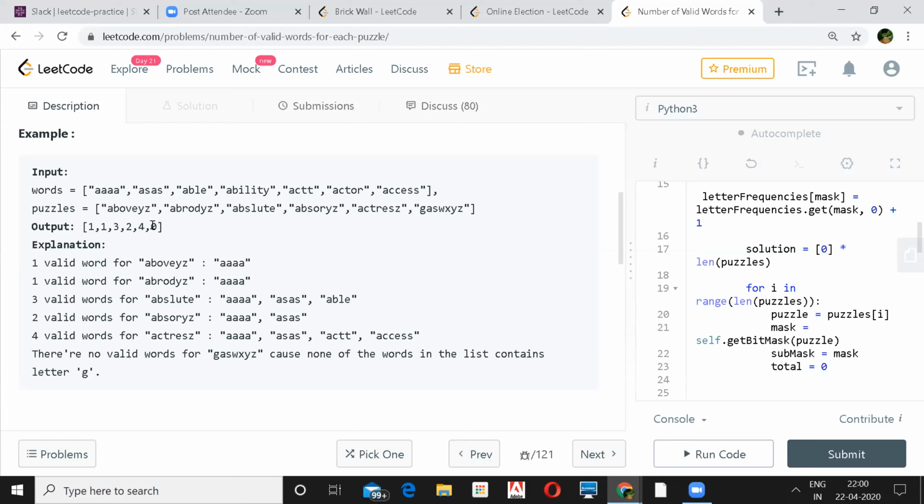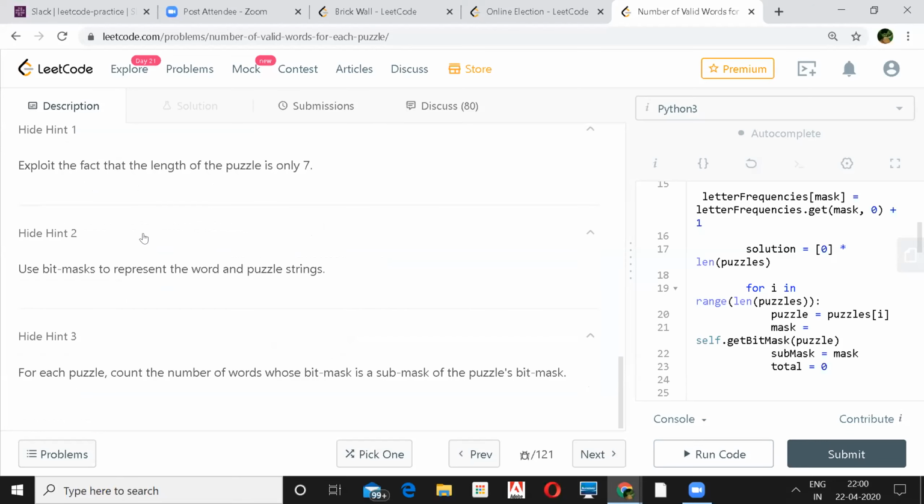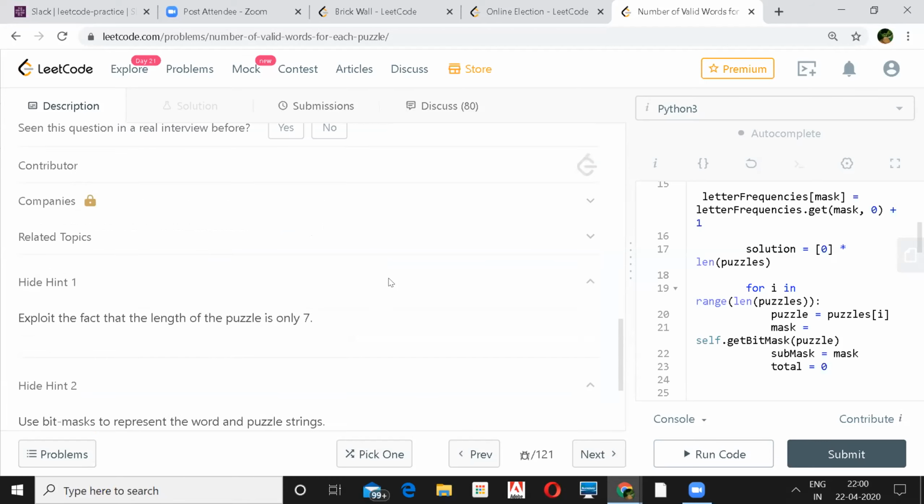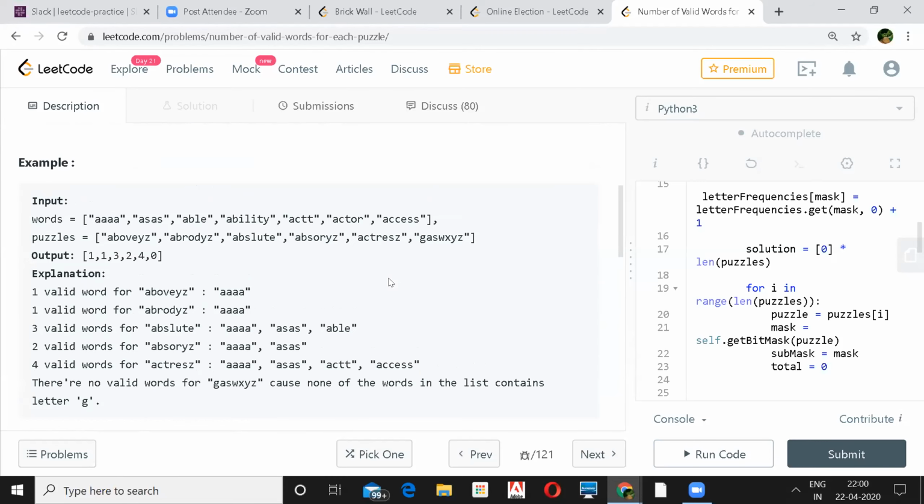If you convert them to encodings, only take unique characters. You mean the anagram, sort of? Exactly, similar to that. They have given some hints, like we can use the help of bit masking. It's not really an anagram. If you see the first example, the first valid word, the puzzle has only one A, but the word has four A's.